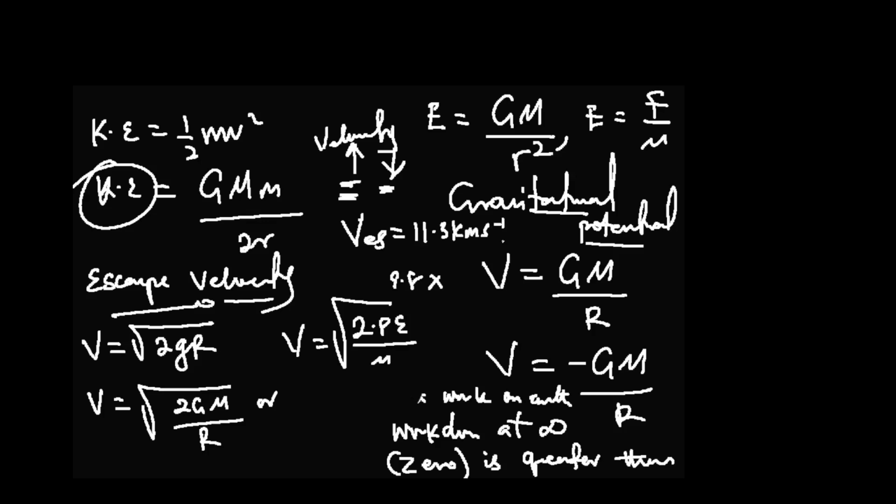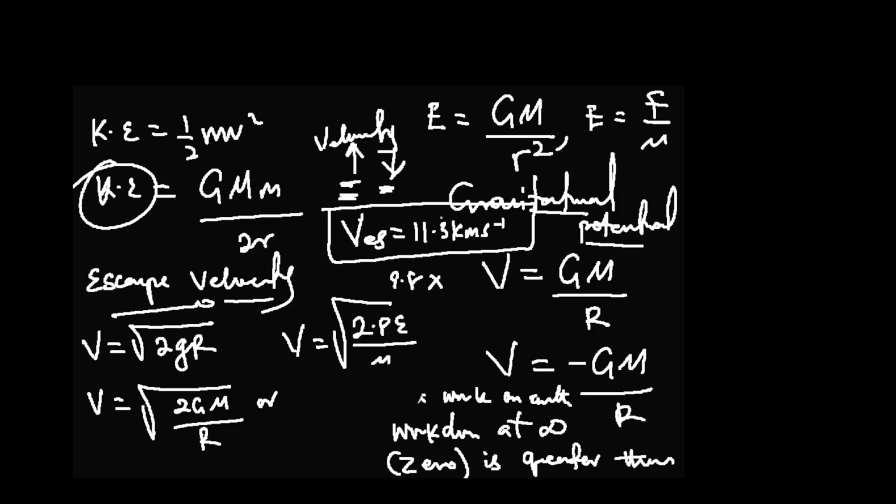This 11.3 kilometers per second is what we call escape velocity. So if you launch a body with this kind of velocity, the body will go and it will not come back. That's the kind of velocity that they use in launching satellites. That's the kind of velocity that you can use to launch a missile. Are you getting this now?